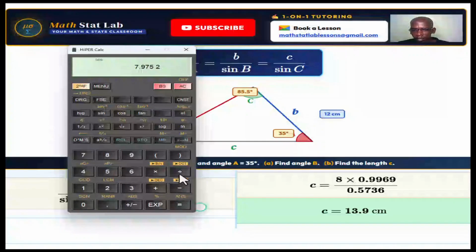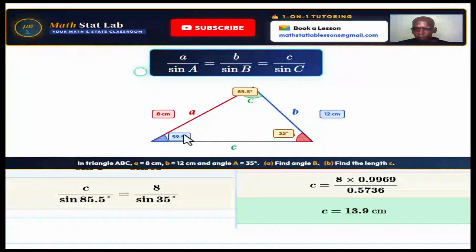Then we divide by 0.5736, and now it becomes 13.90, which when we round off to one decimal place, is 13.9 centimeters. So then it means this side here will be 13.9 centimeters. So that's how we can use the sine rule to find missing sides and missing angles of a given triangle.